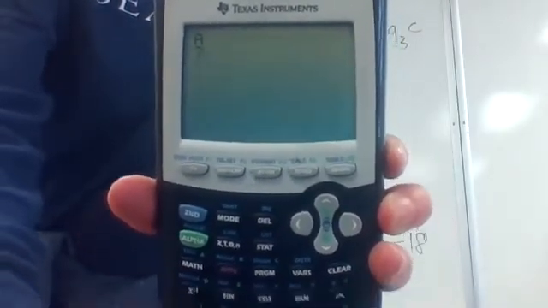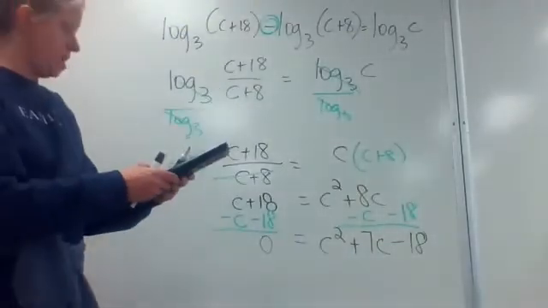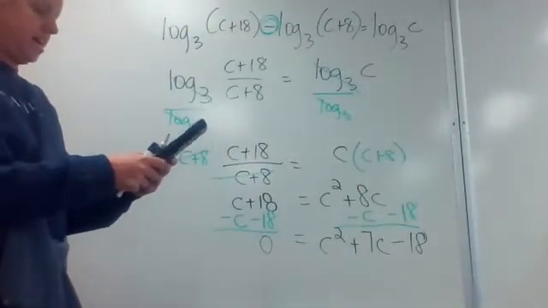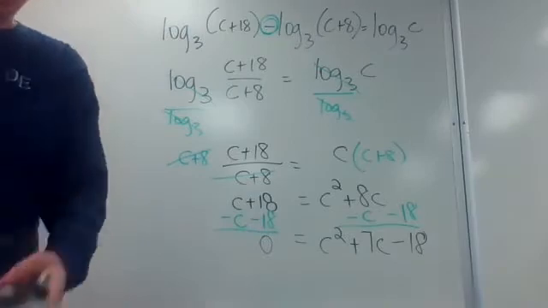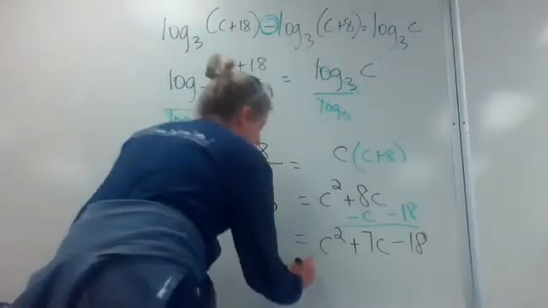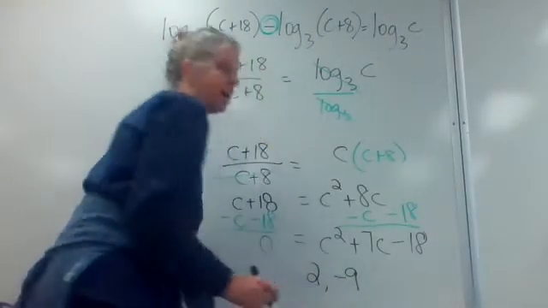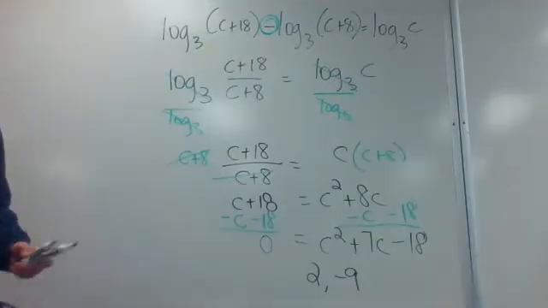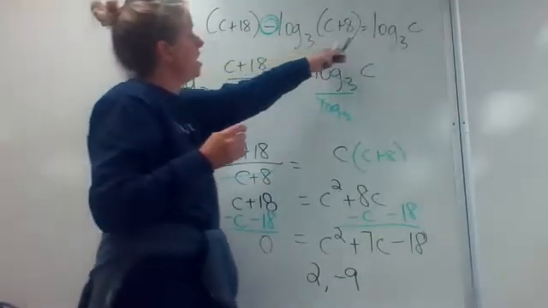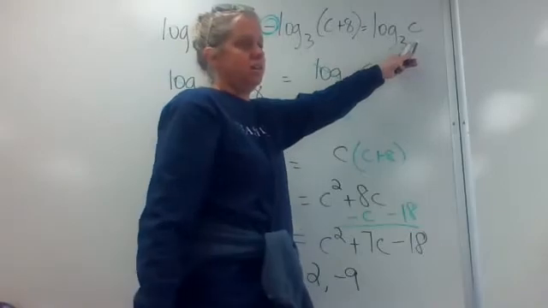and enter my A, B, and C, which will be 1, 7, and negative 18. Enter. And it gives me 2 and negative 9. But remember, you don't want to use any numbers that are going to make your log negative.